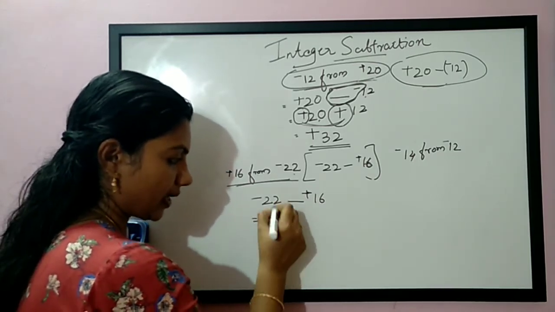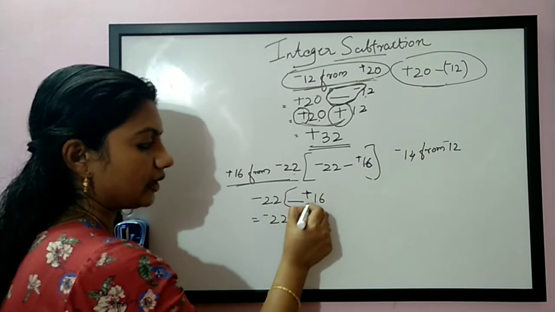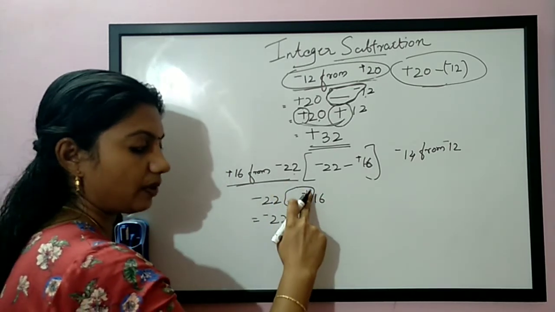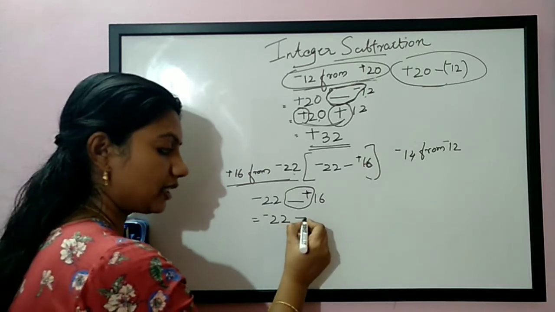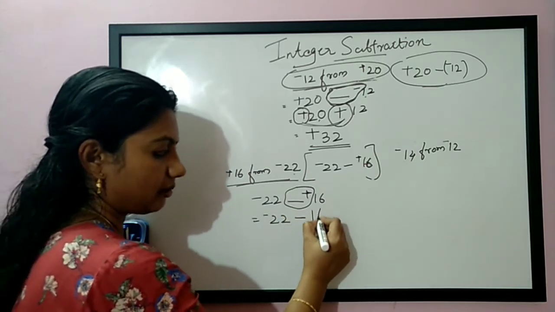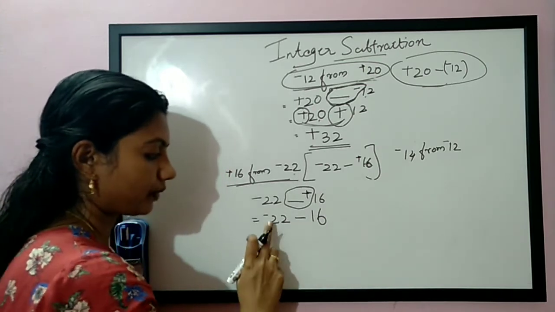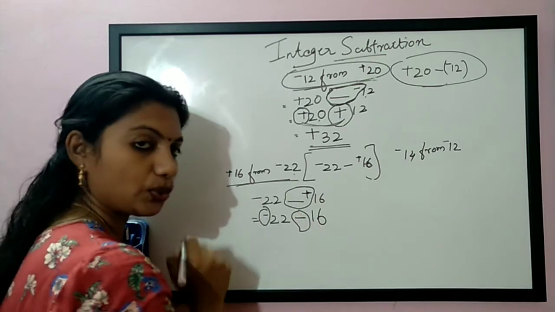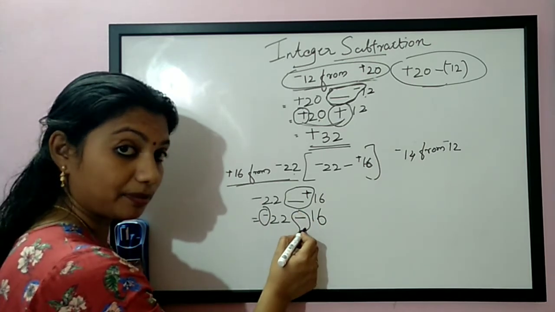Negative 22, you write as such. Look at these two symbols, a negative and a positive. Negative and positive becomes negative, right? Negative positive becomes negative, and the remaining 16 I have written. Now next I will be checking these two symbols. Are they the same?